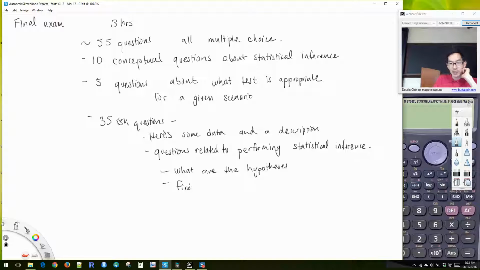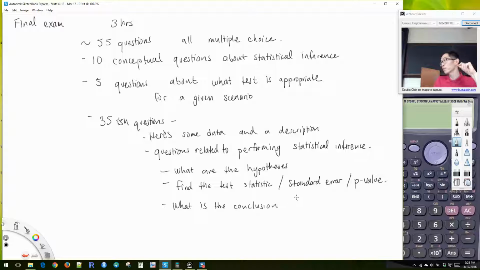Find the test statistic, or standard error, or p-value related to the test. What is the conclusion? And it's always going to be a conclusion in the context of the problem, okay?